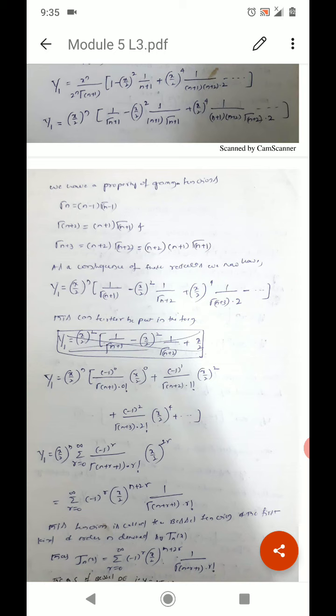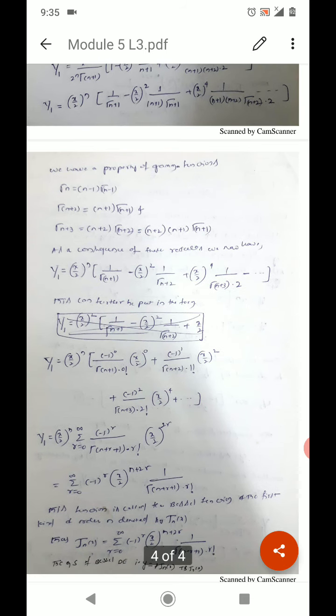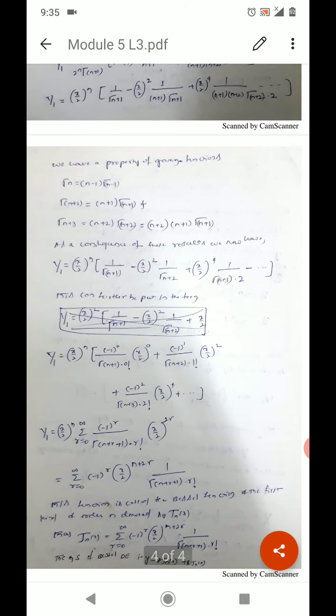The value of 0 factorial is 1, into (x by 2) to the power 0, plus (x by 2) whole square into, 1 can be written as minus 1 to the power 2, divided by gamma of n plus 2 into 1 factorial, plus minus 1 to the power 2 divided by gamma of n plus 3 into 2 factorial into (x by 2) to the power 4, plus and so on.